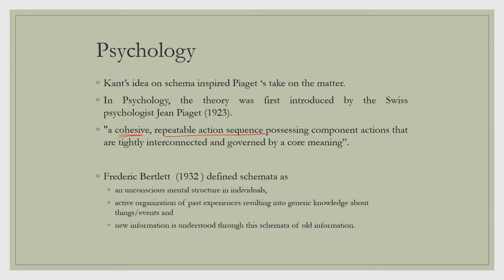Many of our actions, many of our day to day lived experiences are a recurring pattern. This is what Piaget is talking about, possessing component actions that are tightly interconnected and governed by a core meaning. There are many actions which are repetitive in nature, which humans typically go through in their life in many manifestations.